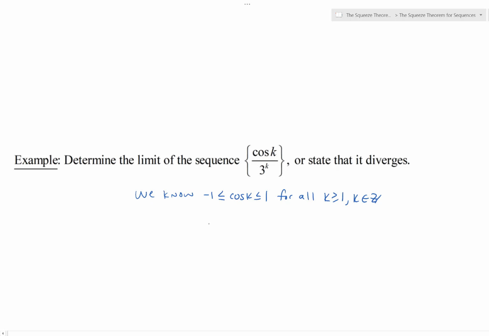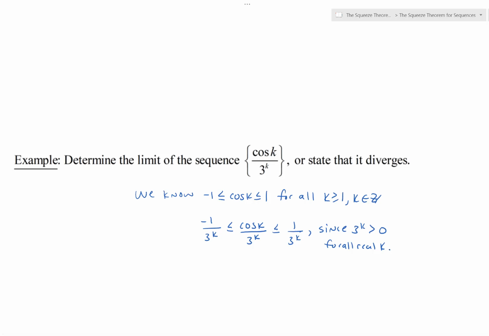So if I multiply everything through by 3 to the k, in the denominator, I get -1 over 3 to the k less than or equal to cosine k over 3 to the k less than or equal to 1 over 3 to the k. And again, that is because 3 to the k is always positive for all real k, hence for all positive integers k as well.